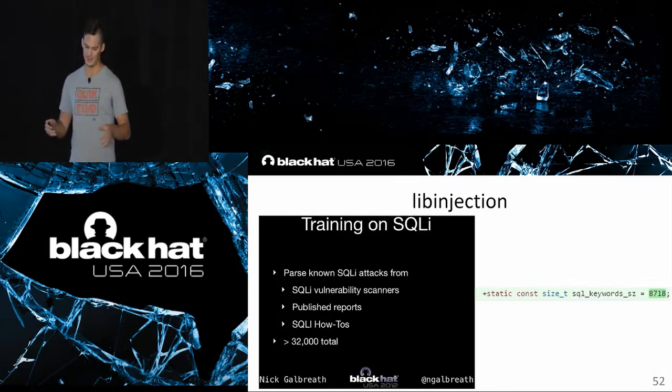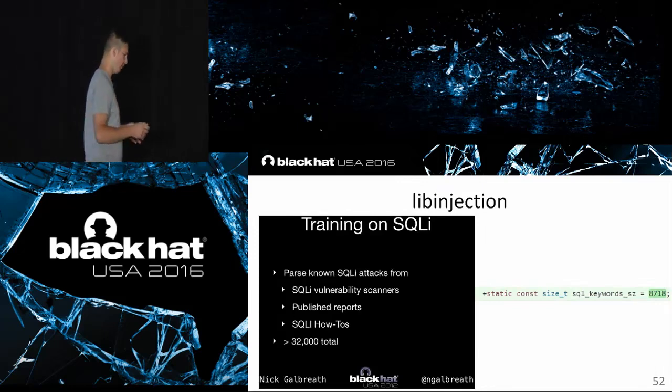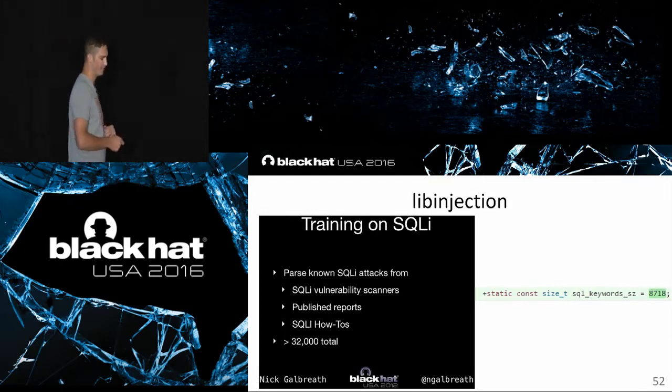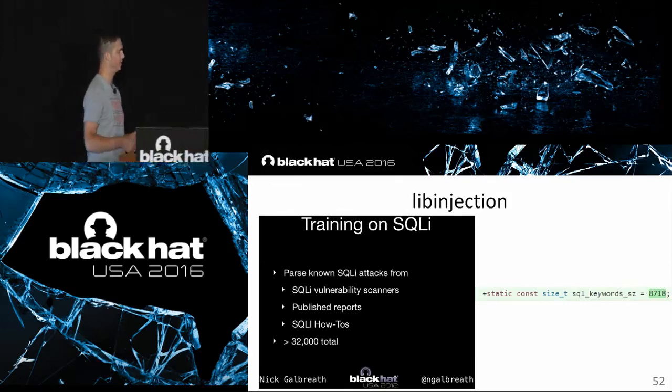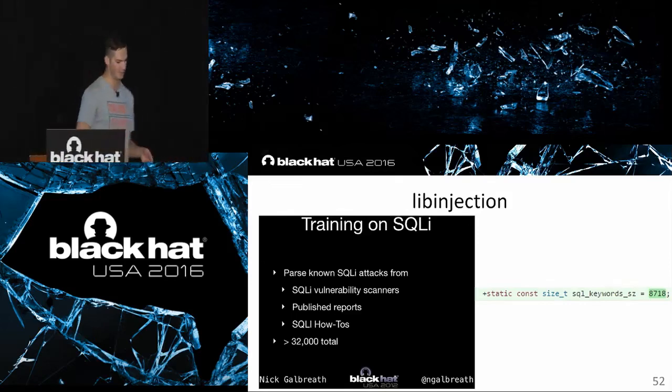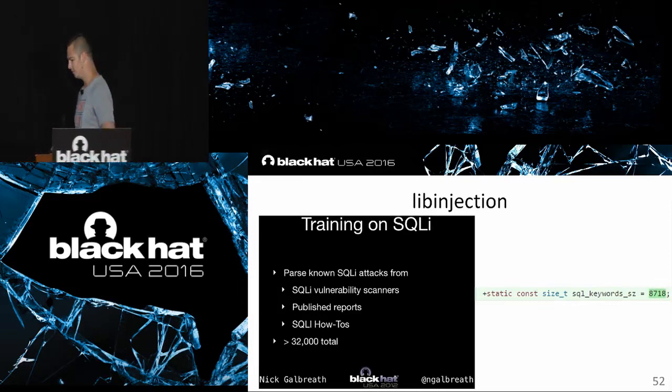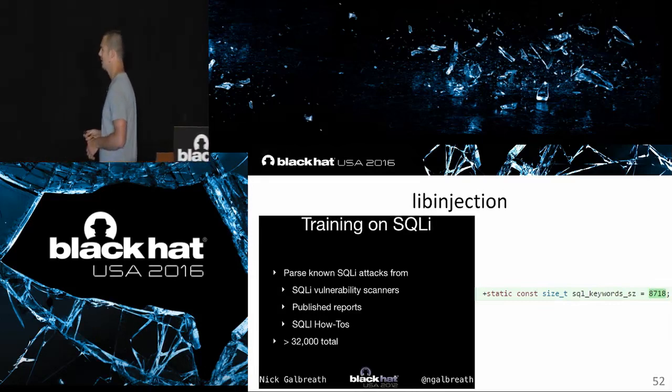I mean, how do you blacklist all those tokens? Well, Nick has collected all various types of SQL injection attempts from vulnerability scanners, published reports, forums, some closed cheat sheets, and so on.